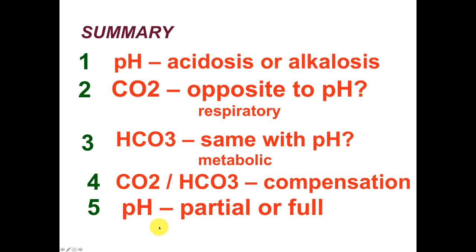But if the pH is not yet normal, then this is partially compensated, acidosis or alkalosis. So in order to do the entire process of interpretation, again, you may watch video clip number 1 and continue with this video clip number 2 and apply it in different kinds of exercises.